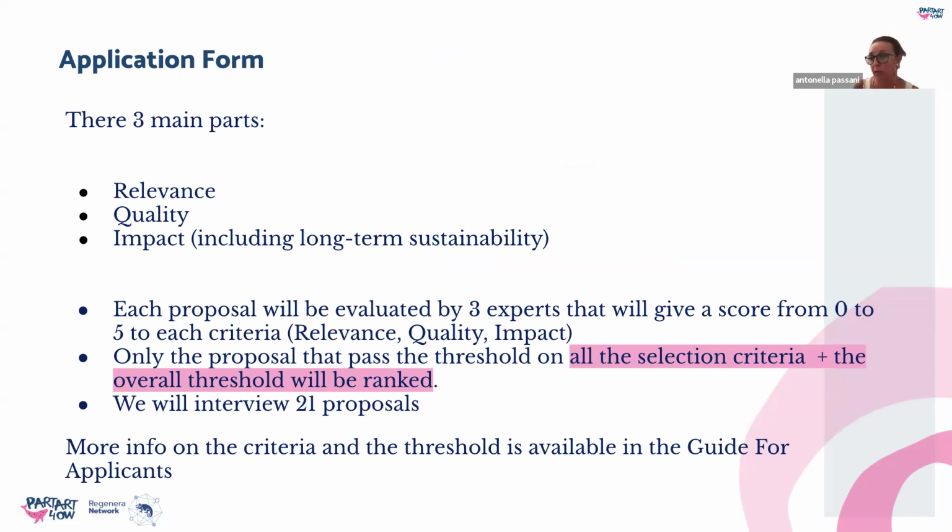In order to pass to the ranking stage, you have to pass the threshold of all the selected criteria plus the threshold considered overall. We will interview 21 proposals, which is 3 times the number of projects that will be financed. In fact, we will finance 7 new PIs. All the information and more is in the guide for applicants.